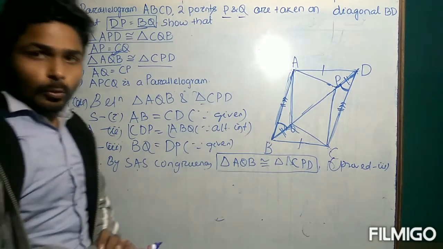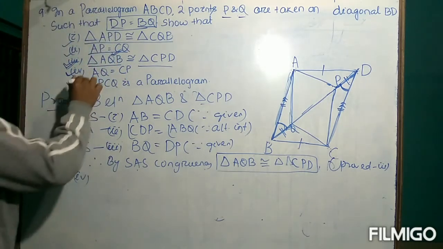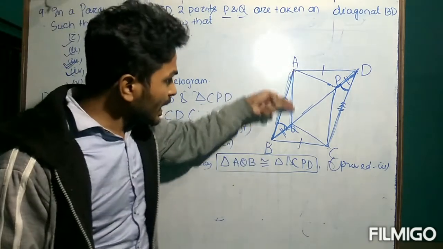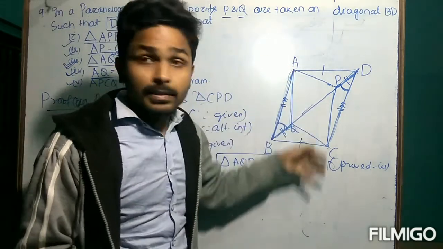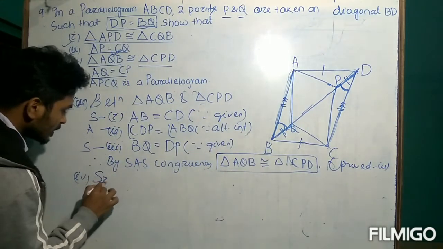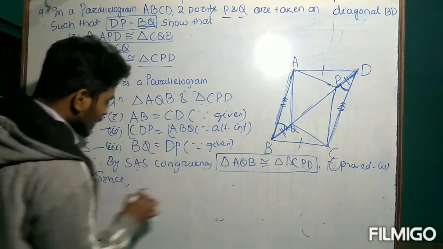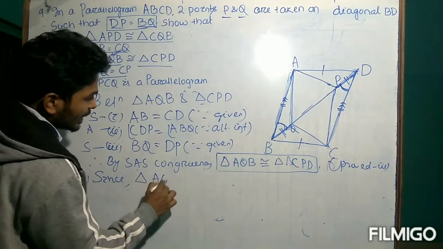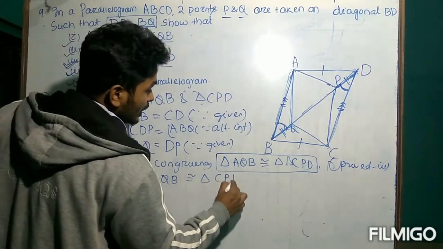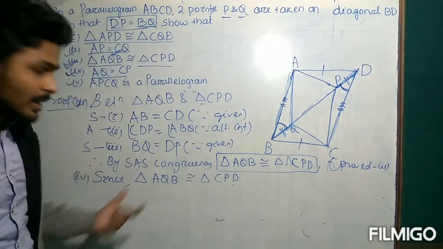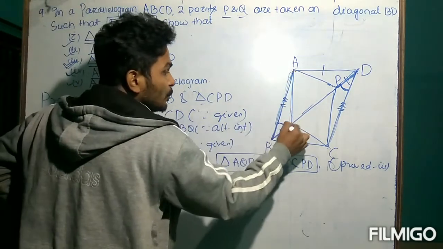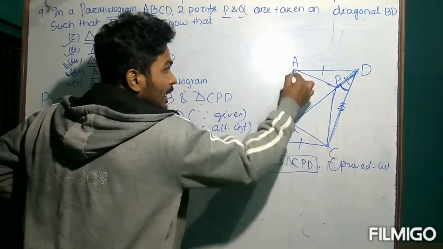Next, moving to the fourth statement, that we have to prove AQ is equal to CP. AQ, this line, is equal to CP, this line. How? Let's understand. Already we know the triangle AQB is congruent to the triangle CPD. For triangle AQB, AQ is a side.